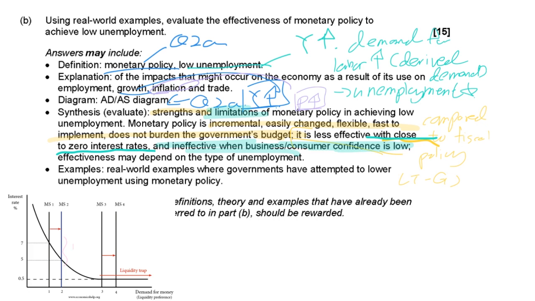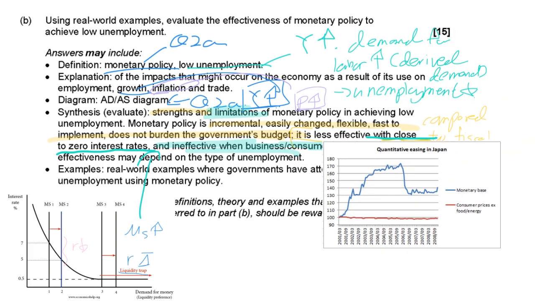In the first stage, the interest rate will drop. However, under the liquidity trap, the interest rate will remain unchanged even though the money supply increases. So there's no change in the interest rate. We call it liquidity trap. This is the limitation of monetary policy.